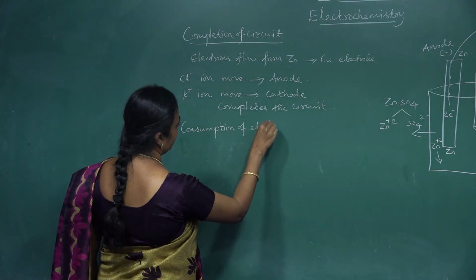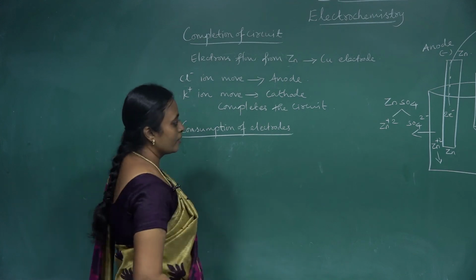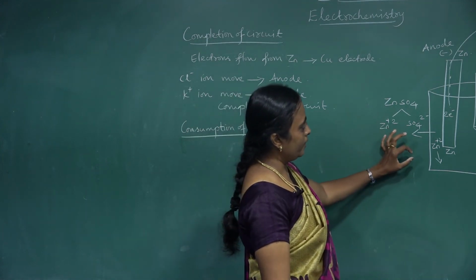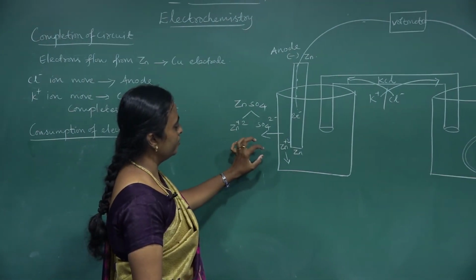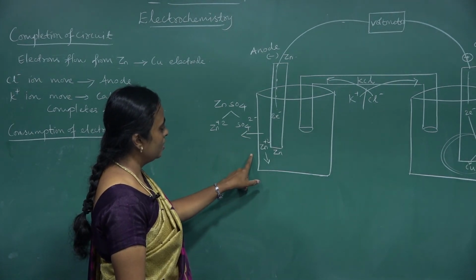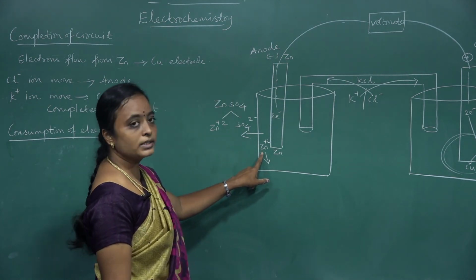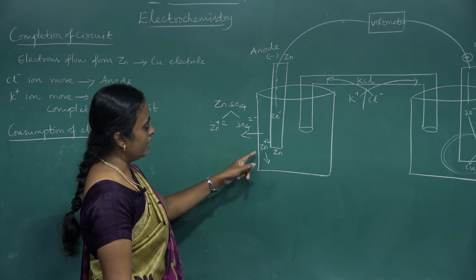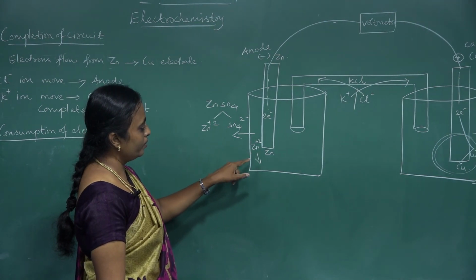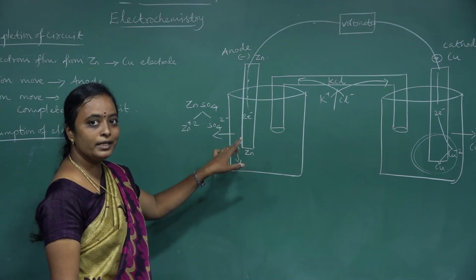What happened to the electrodes? Okay, so whenever I am taking an anode, the metallic zinc will undergo oxidation, and the same way that is converted into Zn2+ ion. So whenever there is conversion of a Zn2+ ion, here the mass of the zinc should be decreased.